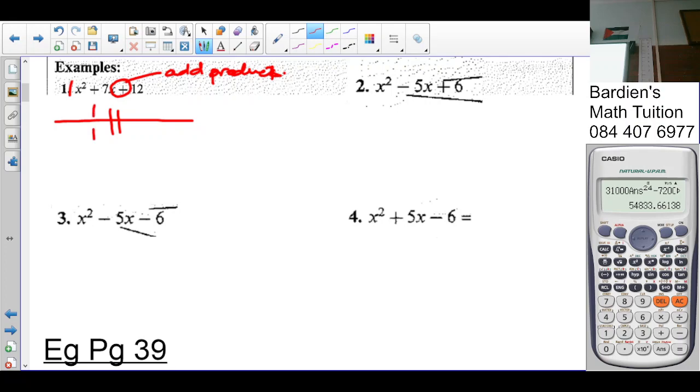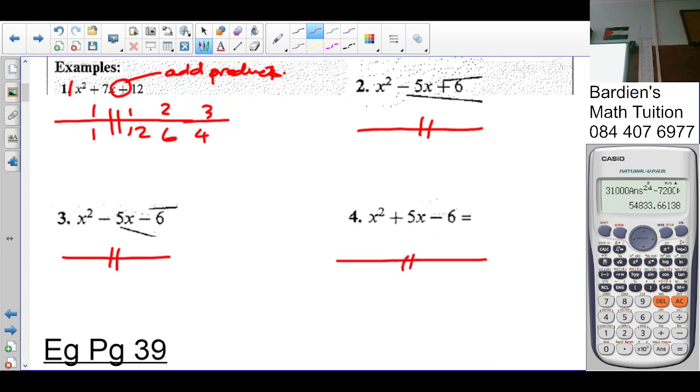Not so? So what are the factors of 12? All the factors of 12. 1 and 12. 2 and 6. 3 and 4. You all agree with that? Yes. Right. Now you write down the factors for me of that one. The factors there and the factors there. Can you do that quickly?